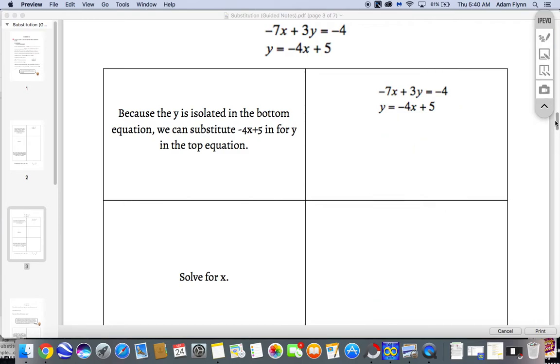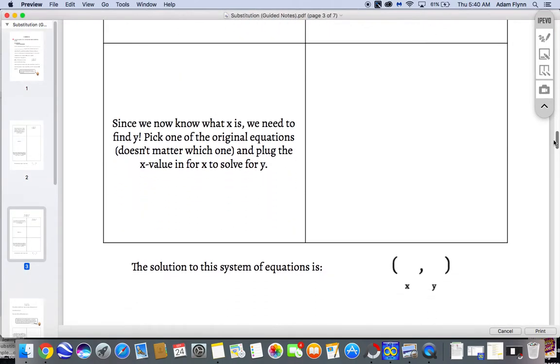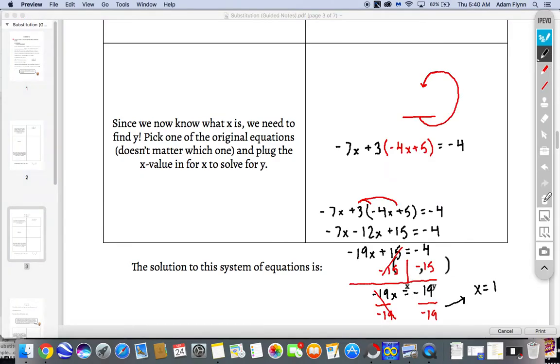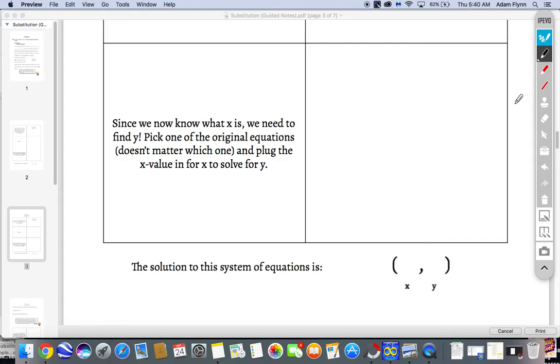Now it's time to solve for my y-coordinate. Okay, so I need to pick the top or bottom equation. I'm going to pick the bottom one again because I'm going to have one less step because the variable is isolated, or the y is isolated. So my bottom equation, just as a reminder, is going to be y equals negative 4x plus 5.